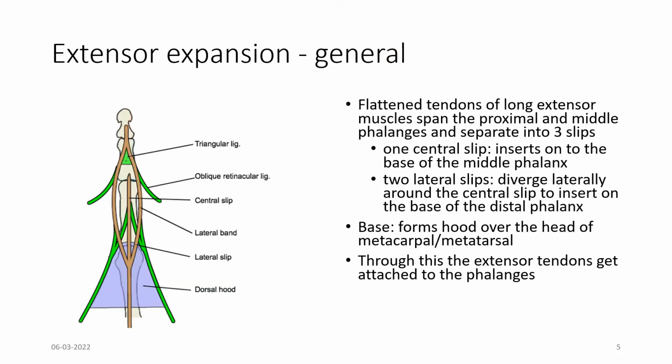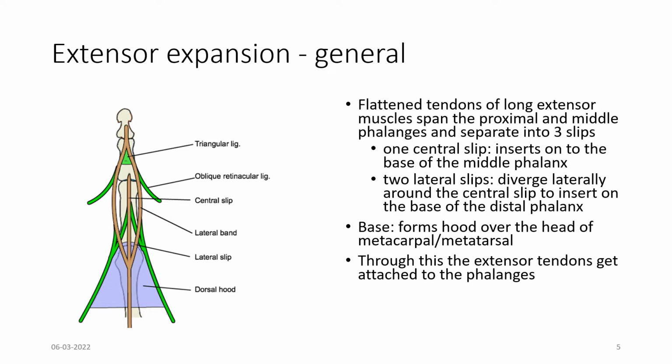So if you see here, the flattened tendons of these long extensor muscles will be spanning the proximal and middle phalanges, and they are separated into three slips. One is the central slip, which gets inserted into the base of the middle phalanx, and there are two lateral slips. So this is the central slip and these are the two lateral slips.